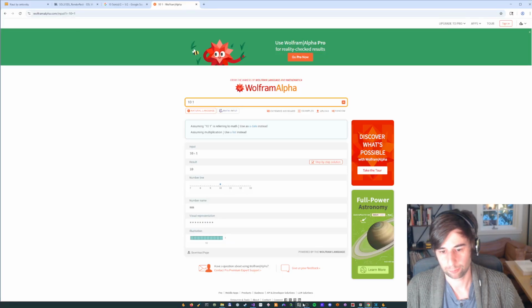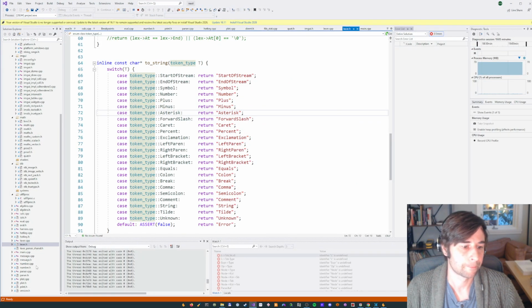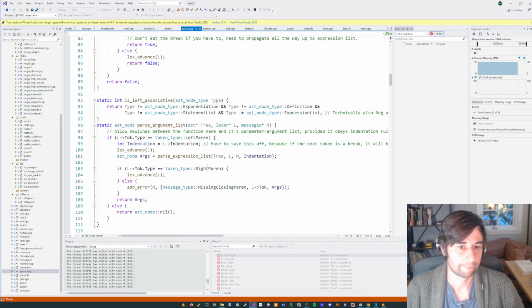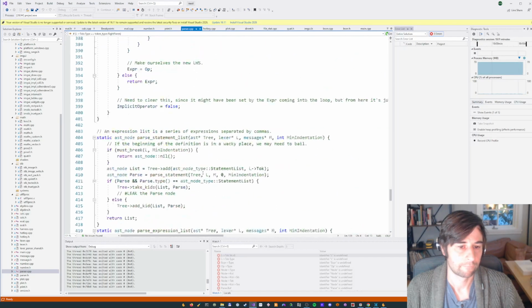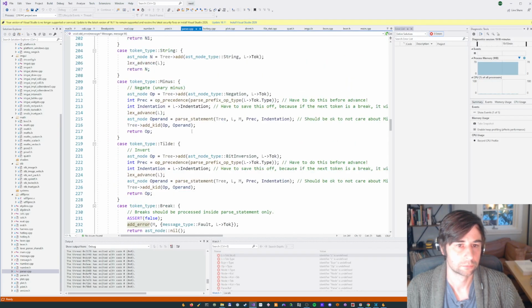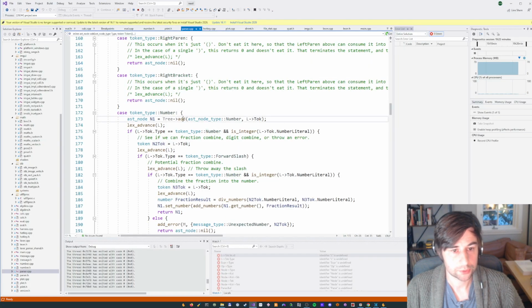Yeah, welcome to calculators. So the part that implements this is here. Where's the number bit? Number, yeah, there we go. So we advance. This is like parsing the number bits. If we get a token that's a number, we advance one further token.